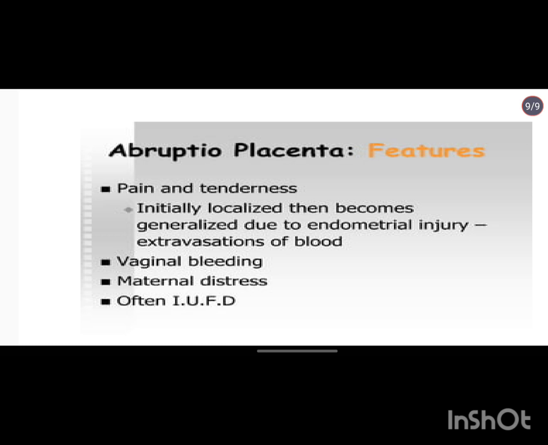The other things are maternal distress due to loss of a large amount of blood, and often intrauterine fetal death can occur because of lack of nutrients and oxygen supply to the fetus, and complete abruption of placenta is going to result in fetal death. So these are the clinical features that we see in abruptio placenta.